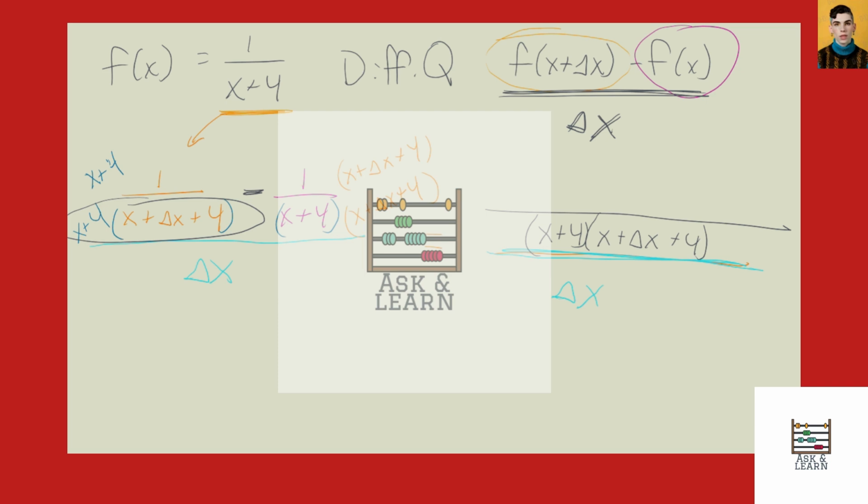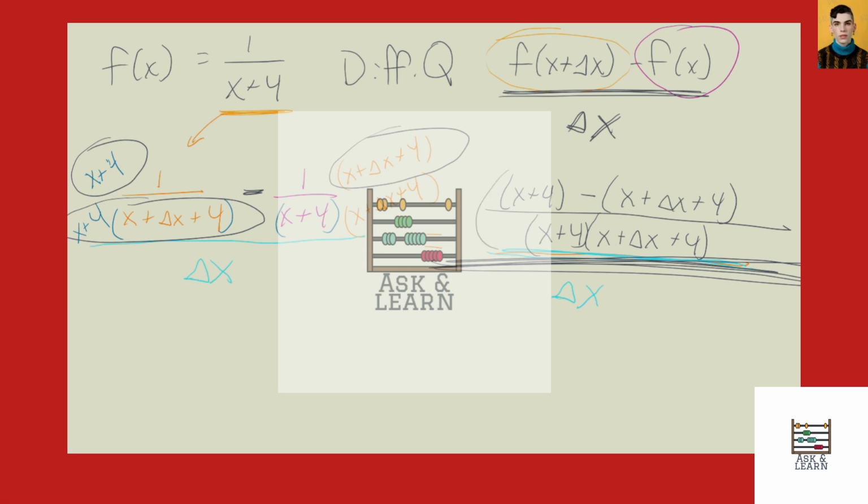And then up here, I've got x plus 4 minus x plus delta x plus 4. Just to be clear, there's a big division bar there, so it's all of this over that.